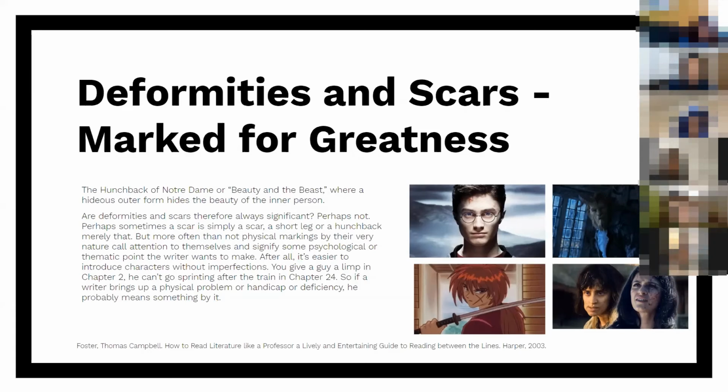So are deformities and scars therefore always significant? Perhaps not, not all the time. Sometimes a scar could only be a scar, but for example, a short leg or a hunchback that in the story later on becomes hindered by that deformity. At that point, the deformity becomes relevant to the story.